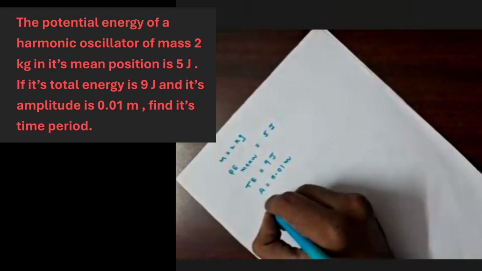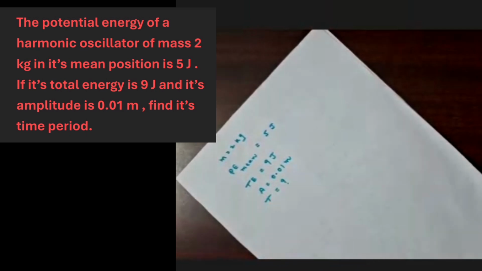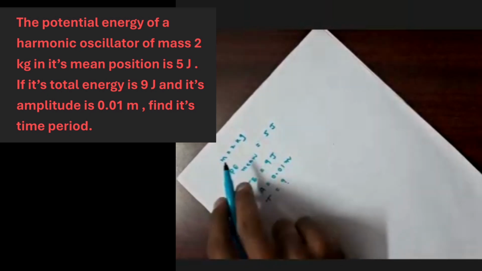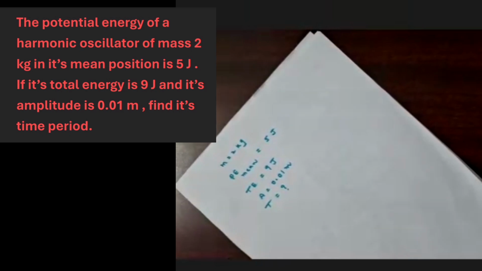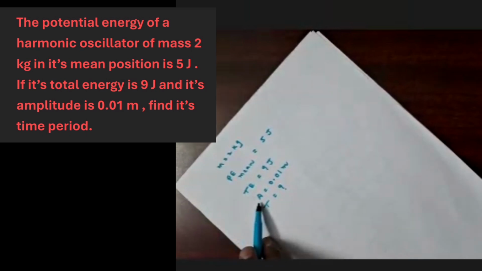We need to calculate the T. Now, m is equal to 2 kg. Potential energy at mean position is 5 joules. Total energy given in the problem is 9 joules. Amplitude is 0.01 meter, and we need to calculate the time period, T equals question mark.